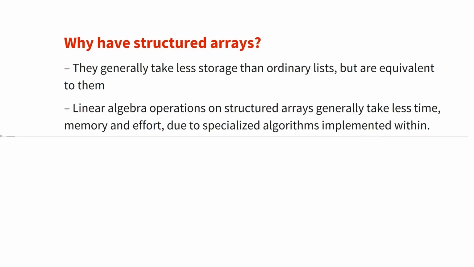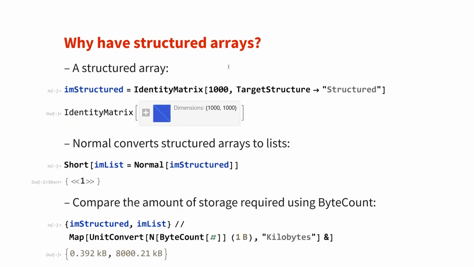So as an example over here, here's an identity matrix of size 10,000 by 10,000. And if you find out in the structured form, it looks nice and neat. But if you were to actually convert it to a list, gosh, that's going to be huge. And if you compare storage, you're going to take 0.392 kilobytes in the structured case, just that summary box, and 8,000 kilobytes for the other.